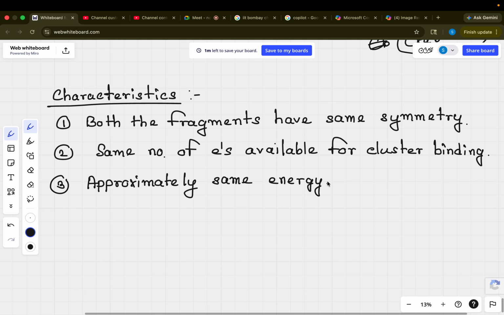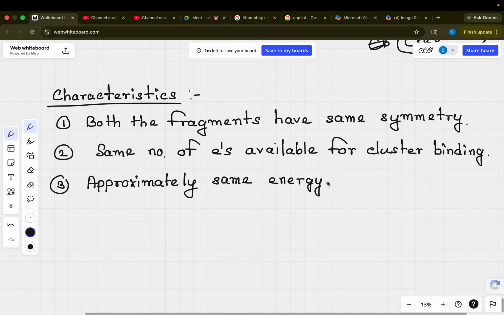This is the physical background of this, but we will not consider it, because we will use a trick to identify isolobal fragments. In the exam we don't have that much time to find the symmetry, count the electrons, and then find the energy. So by that trick it will be easy to find out whether it is isolobal or not. Clear?